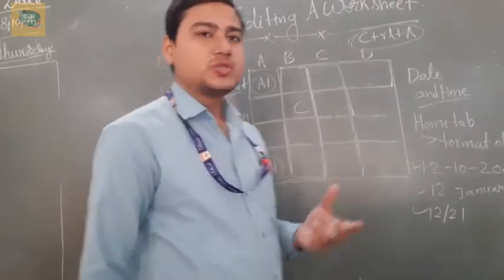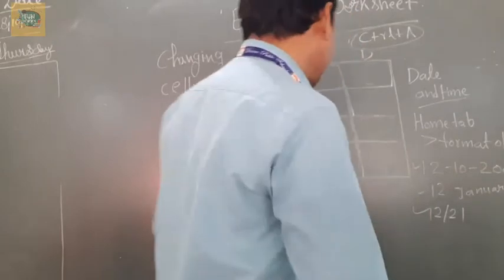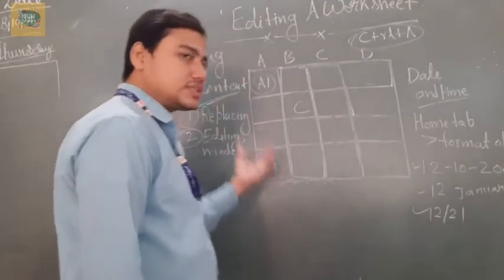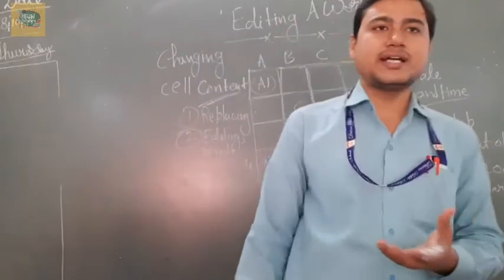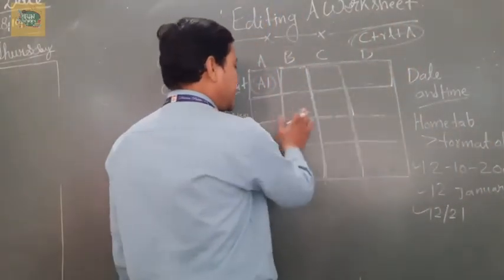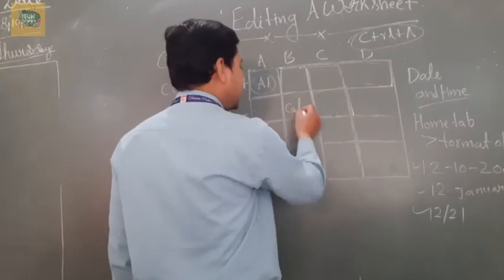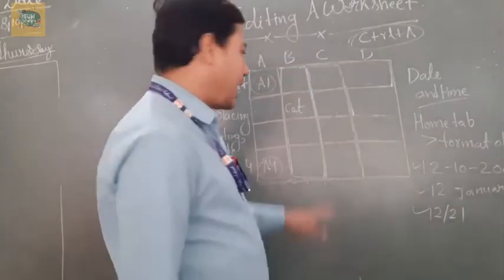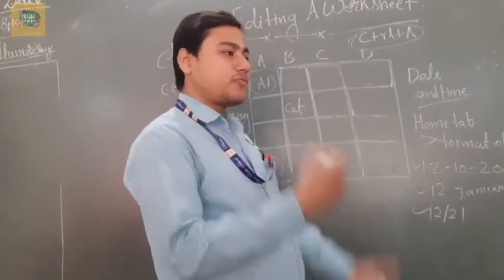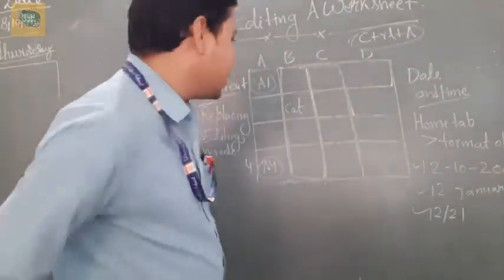There are two ways of changing the cell content. Suppose the word cat is written here, and I want to replace this cat with dog.